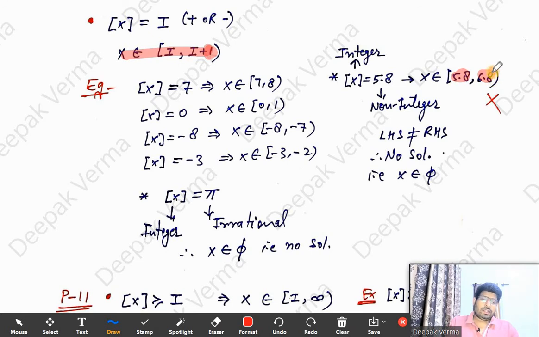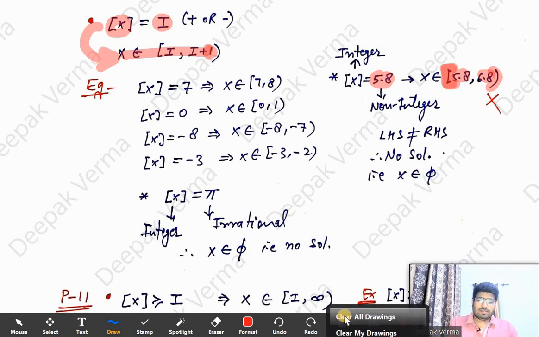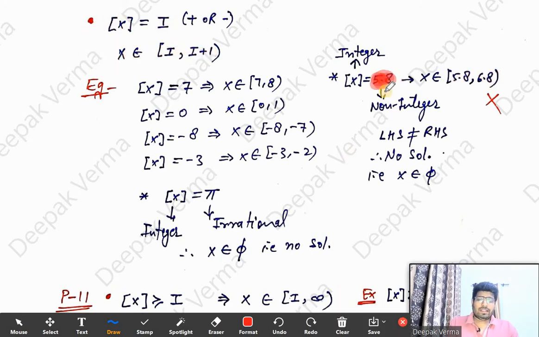With 6.8 we put an open bracket, and with 5.8 we put a closed bracket. Then this time this will be wrong. Why? Because we said if box x equals to I, an integer, then this will hold. But here this is not an integer. Got it? This is not an integer. Then why are you applying this result?